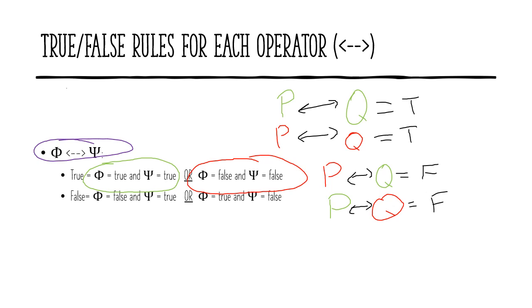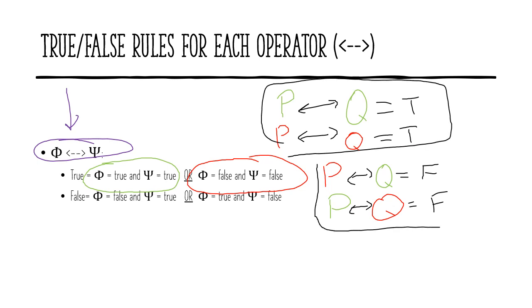So this is what we're trying to determine, if it's true or false. And so then we're looking for when it is true and when that sentence is false.